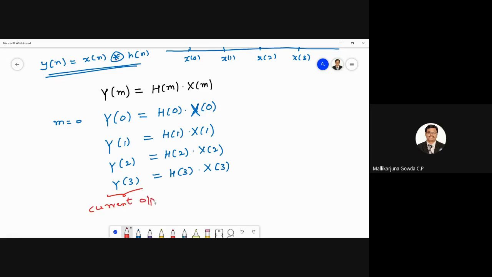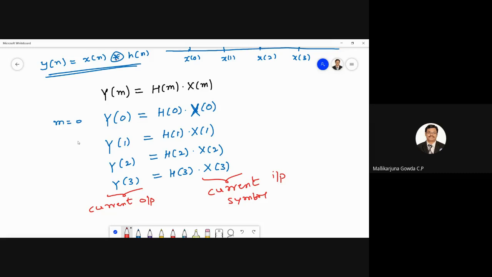And here x of 0, x of 1, x of 2, and x of 3 are the current input symbols. The current output symbol depends only on the current input symbol. So with that, we say it is free from inter-symbol interference.